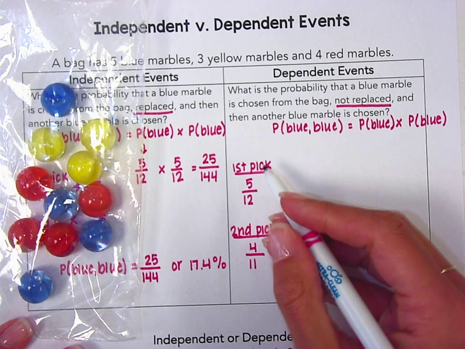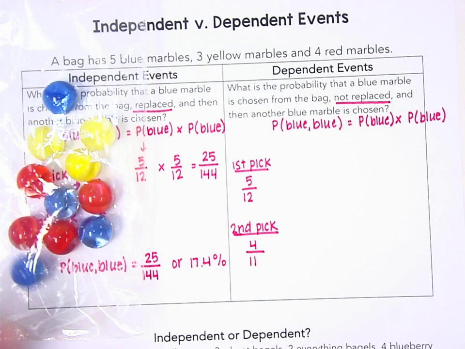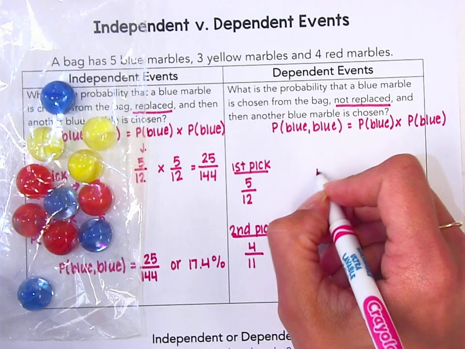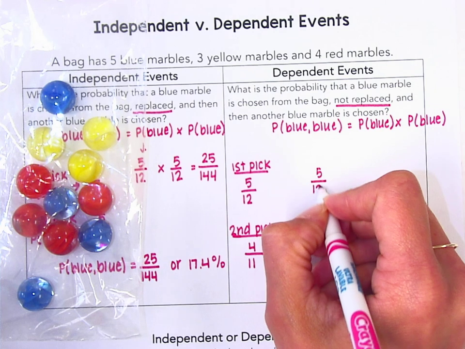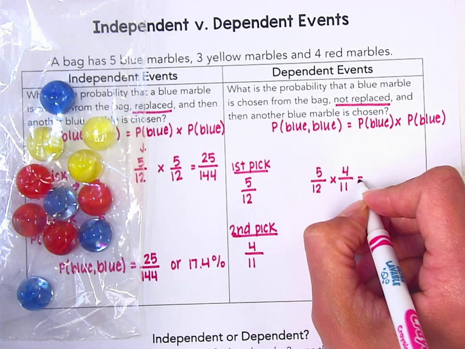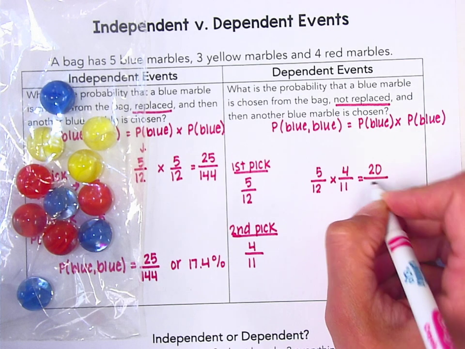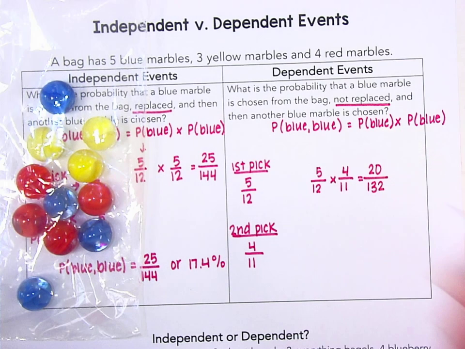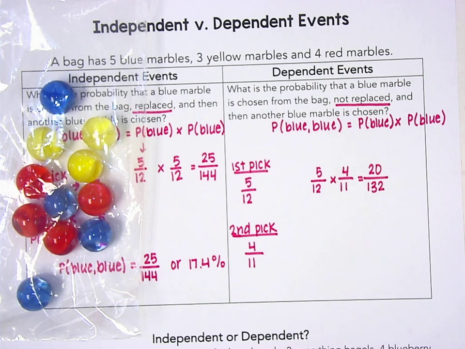Now that we know our probabilities for choosing blue the first and the second time, we can multiply them together. So 5/12 times 4/11 is equal to 20 over 132. Again, we need to make sure that we simplify any ratios that we can.